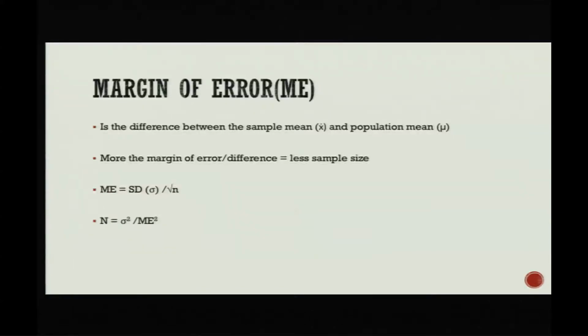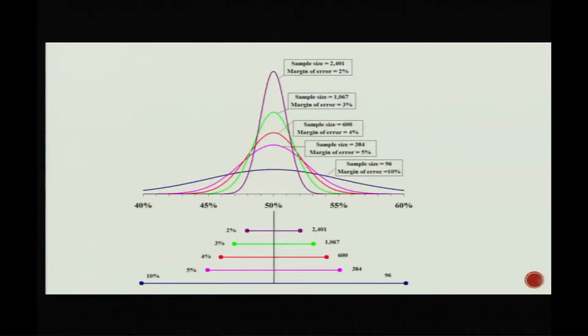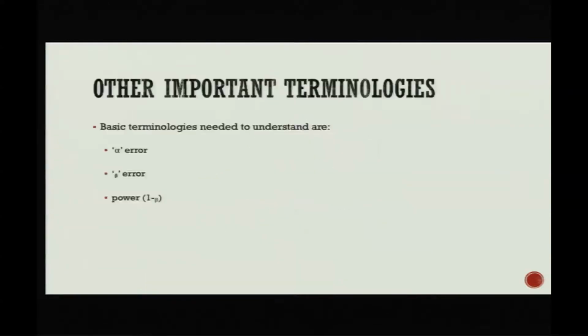Margin of error is inversely proportional to the sample size, and therefore sample size is inversely proportional to the square of the margin of error. In this graph, we see that the less the margin of error, the higher the sample size you need, and as the margin of error increases to almost 10%, the sample size keeps on reducing.